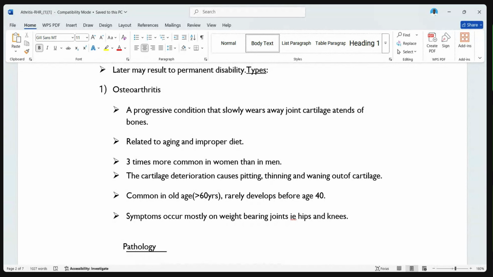And majorly it's caused by overstrain or mechanical stress to the joints. Number three, it can be caused by a muscle or a collagen breakdown where the cartilage just softens or erodes with time.